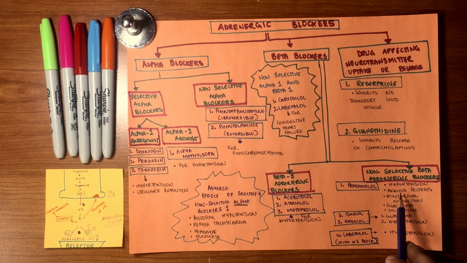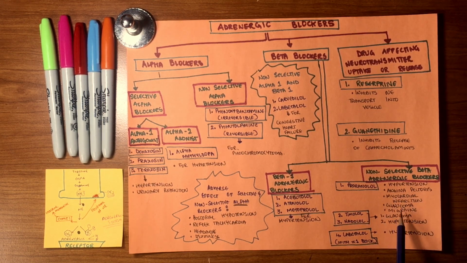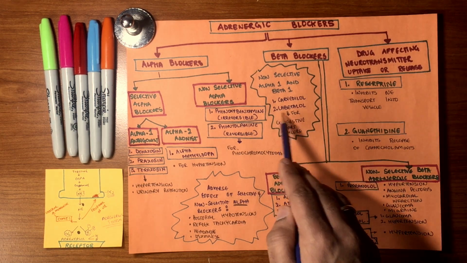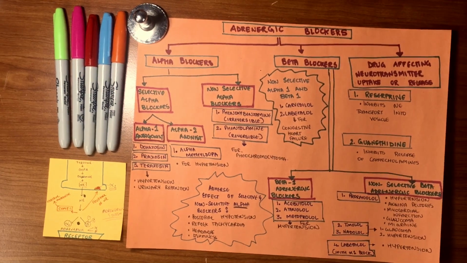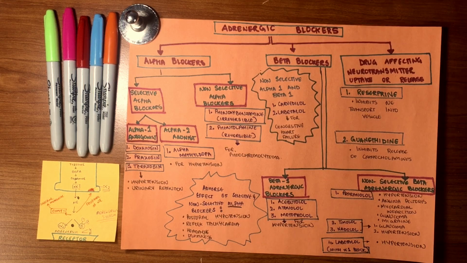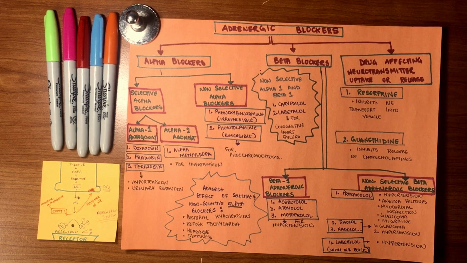Their activity is the same in hypertension, angina pectoris, myocardial infarction, glaucoma, migraine. These are for propranolol. Timolol and nadolol are for glaucoma and hypertension, and labetalol, which we saw in non-selective, will help us with hypertension. So mainly it is the heart activity and the lung activity that is antagonized by adrenergic blockers.